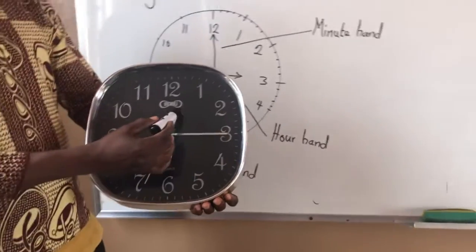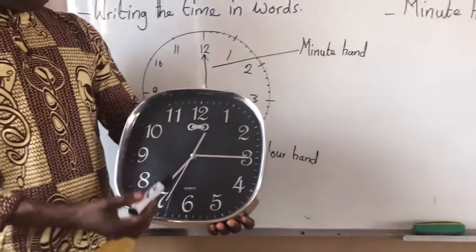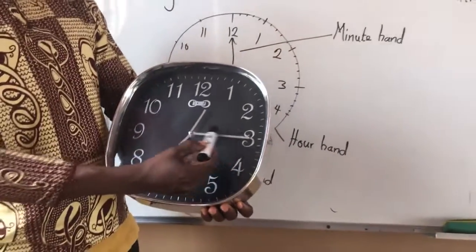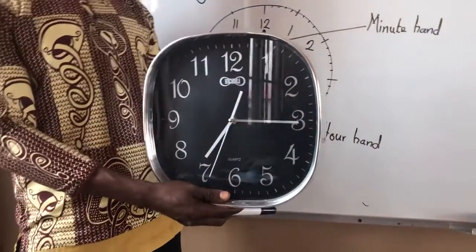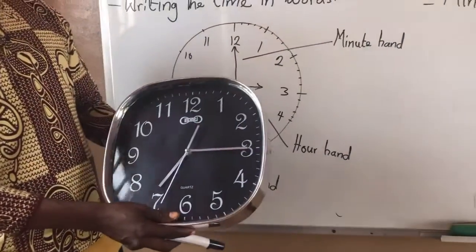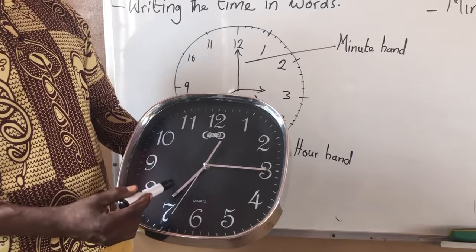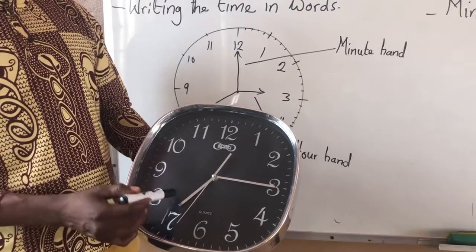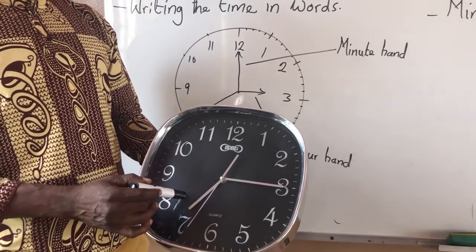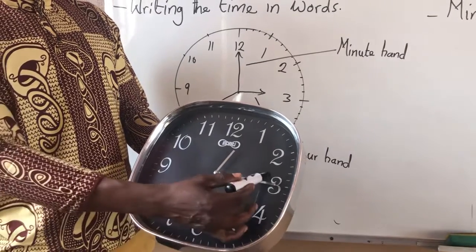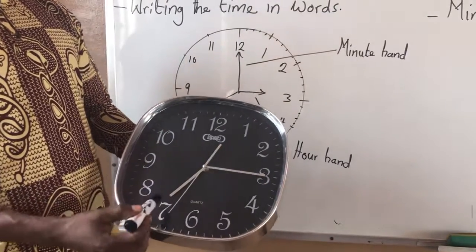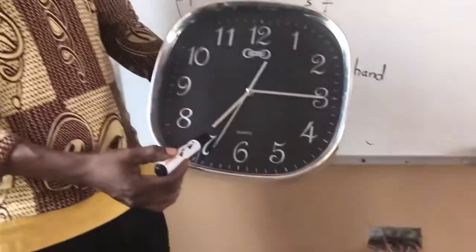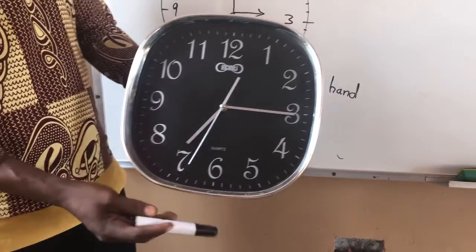One is the longest, the other one is the shortest, and the other one is shorter. We have short, shorter, shortest. The smaller one is the shortest. Likewise, we have long, longer, longest. This is the longest arrow here.